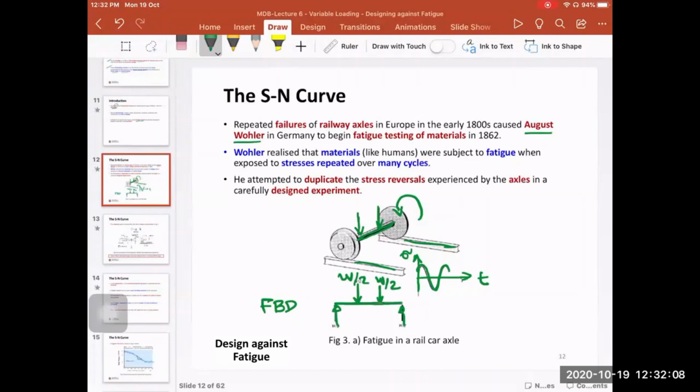So what did Wöhler do? He started to develop a testing procedure and a testing machine for this type of failure. He thought about duplicating this kind of behavior. You see here the axle is under repeated bending loads or fluctuating bending stresses.